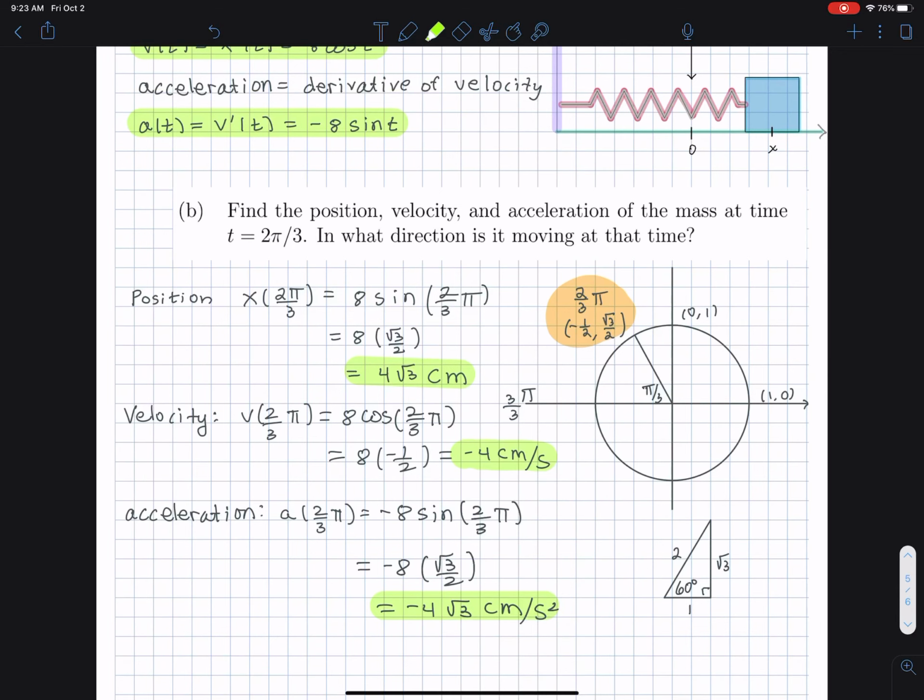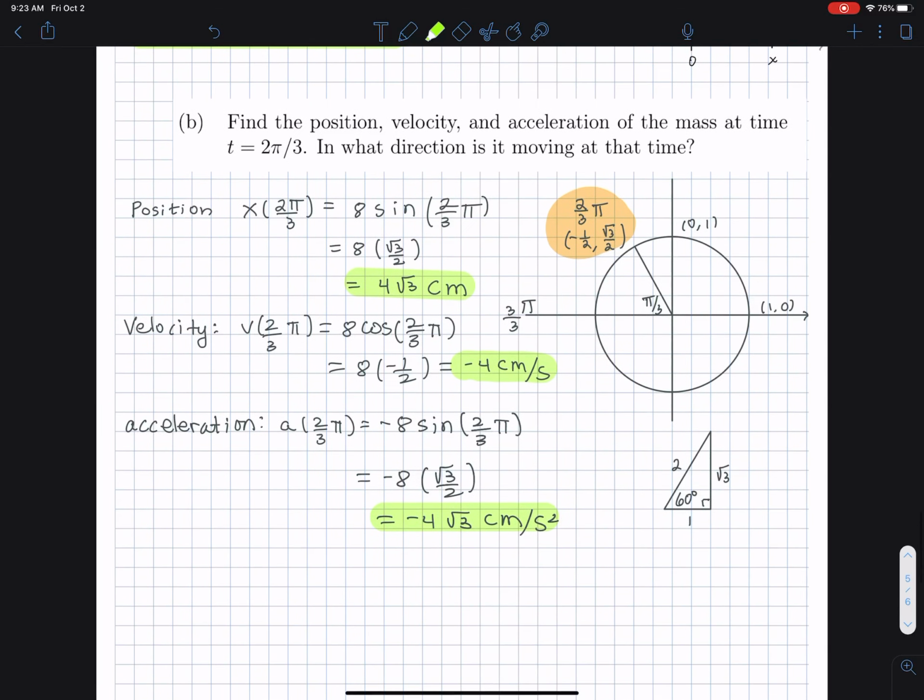Now, in what direction is it moving at that time? Well, at t equals 2/3 pi. By the way, pi is around 3, so 2/3 pi is around 2/3 times 3, which is around 2. So it's around 2 seconds. At 2/3 pi, the velocity is negative.